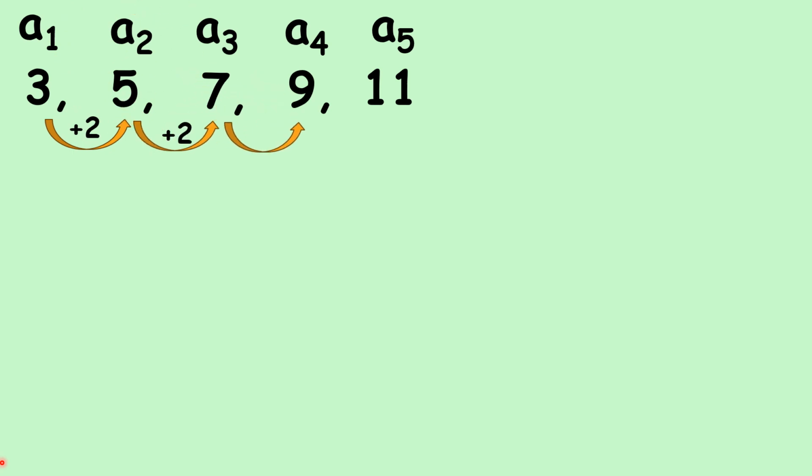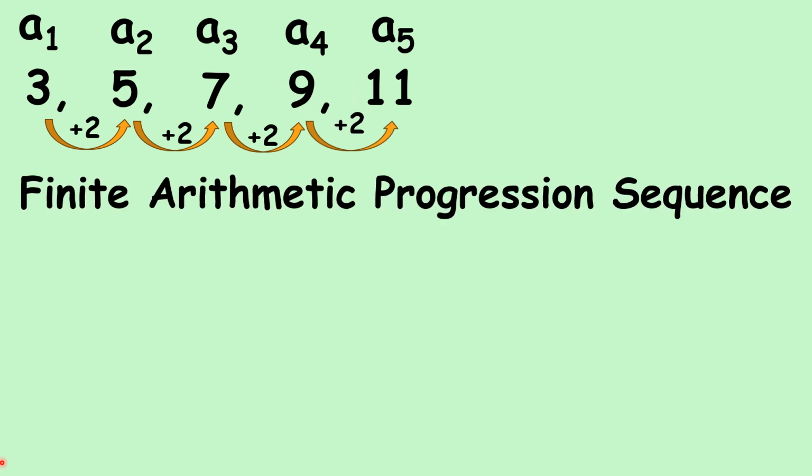Assuming we're supposed to get the sixth term in this arithmetic progression, what will it be? It will simply be a5, which is 11 plus 2, and that will be 13 because we have a common difference of 2. So once again, this particular arithmetic progression sequence is finite and it's a sequence.